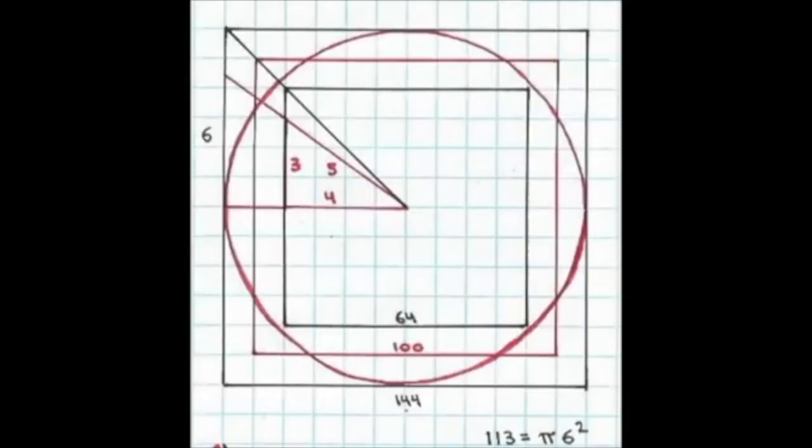Between these and estimating the area of the radius 6 circle is the 10 by 10 equals 100 square. The area of this circle is exactly pi times 6 squared, or 113.